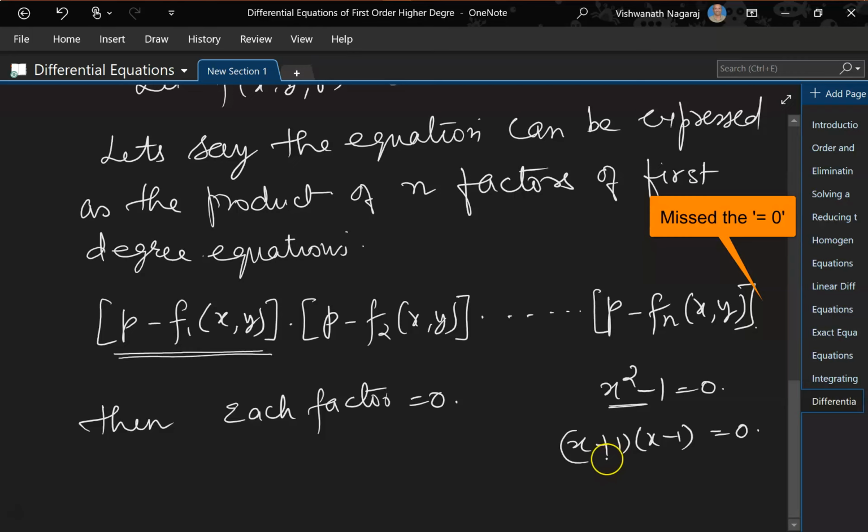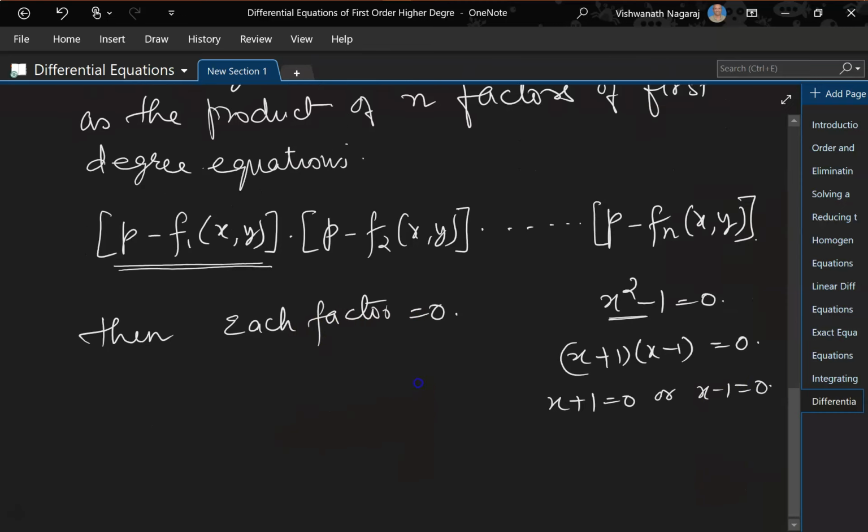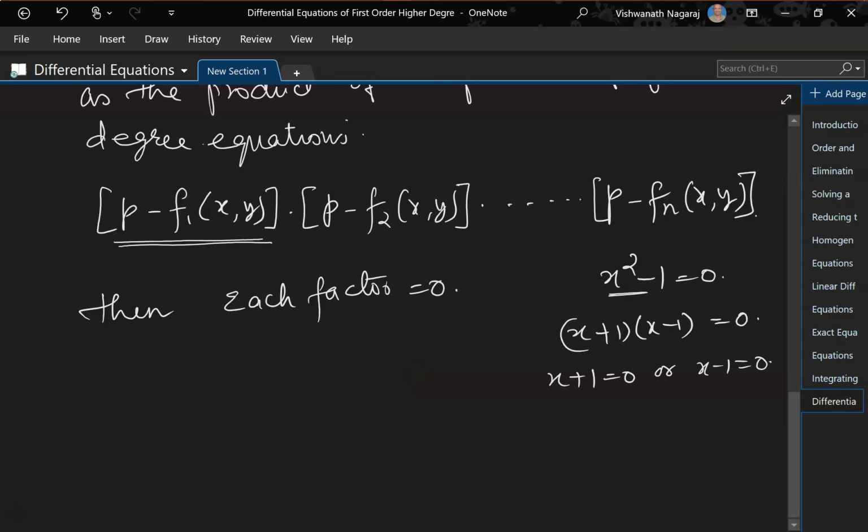For this entire thing to be 0, even if one of them is 0, that is enough. So it could be that x plus 1 equal to 0 or x minus 1 equal to 0, right? Which is what this means, each factor would be equal to 0.